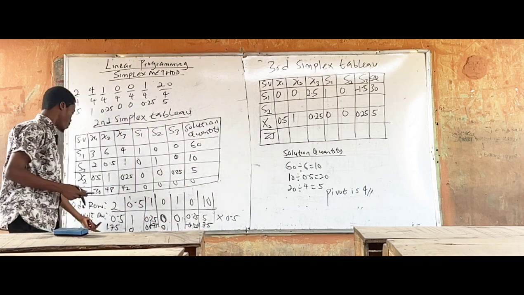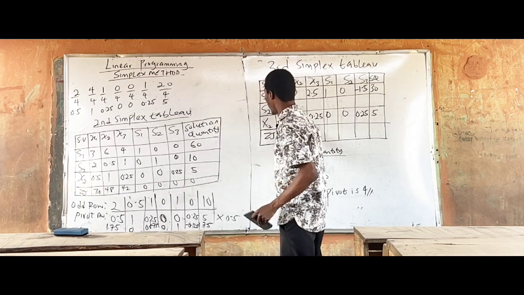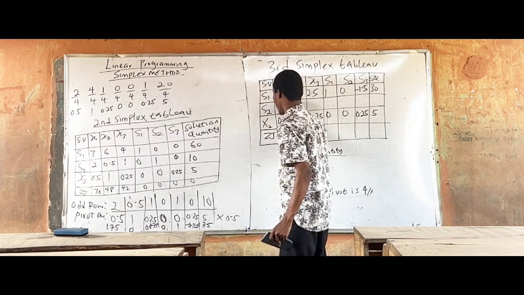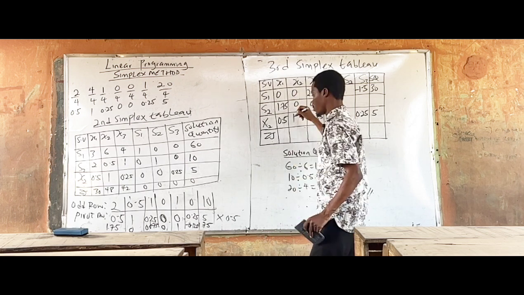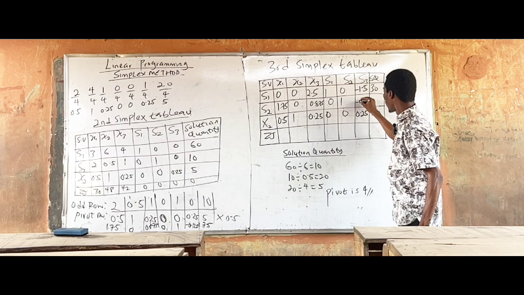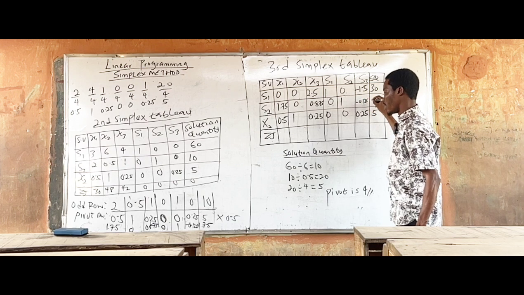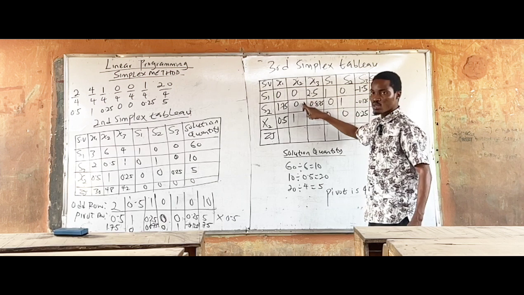So my new row for S2 is 1.75, 0, 0.875, 0, 1, minus 0.125, and 7.5. It means I've made this one 0, and I've made this one 0.